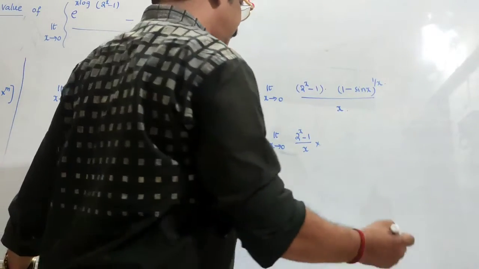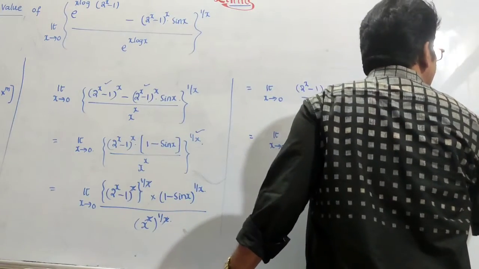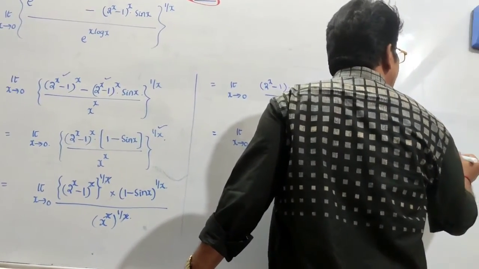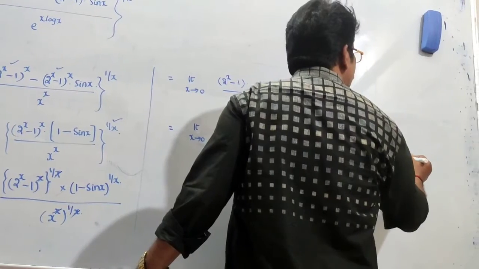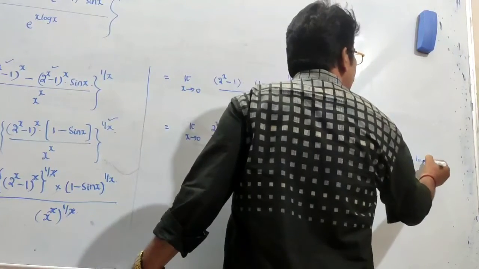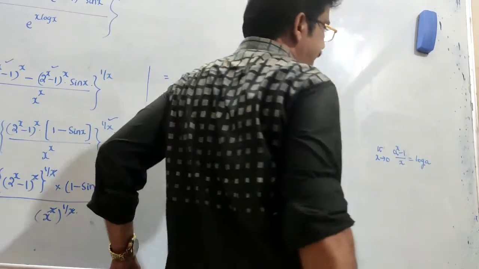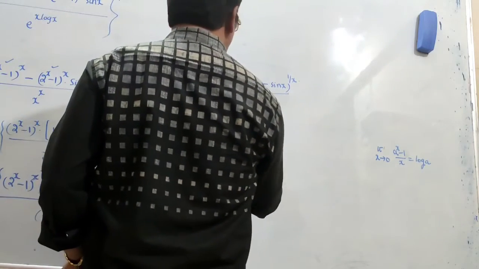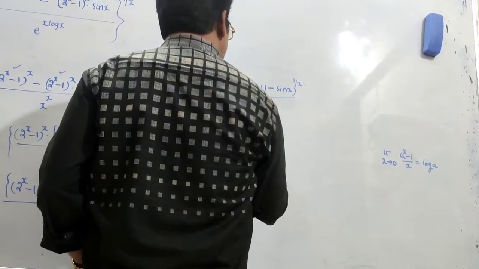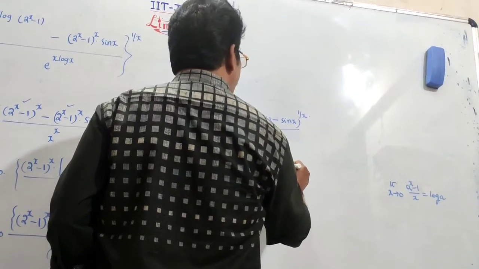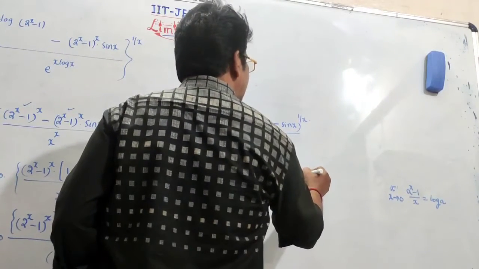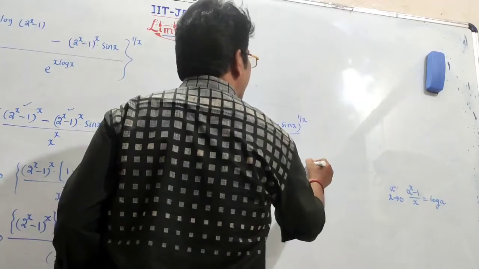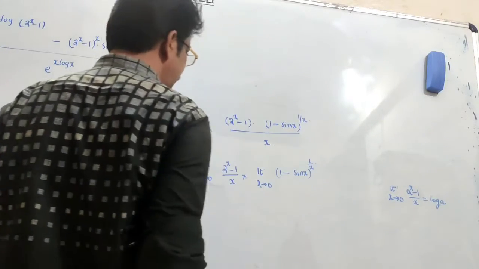because one standard formula is there: limit x tends to 0 of (a power x minus 1) divided by x is equal to log a, where a is the constant and x is the variable. That is equal to, into limit x tends to 0, (1 minus sin x) whole to the power of 1 by x.